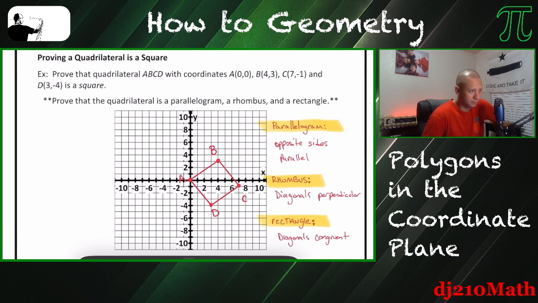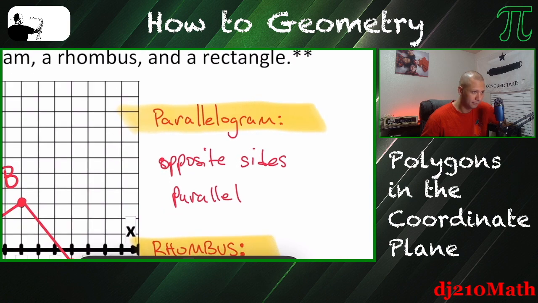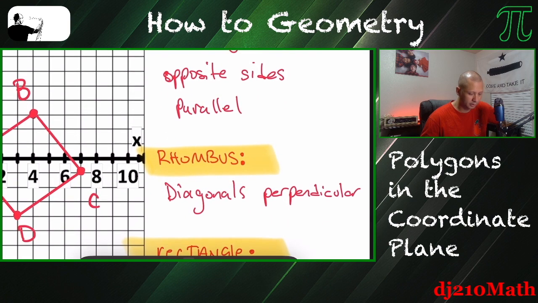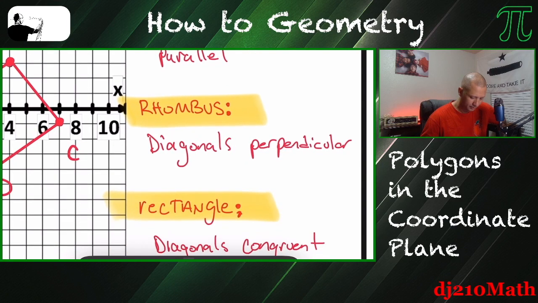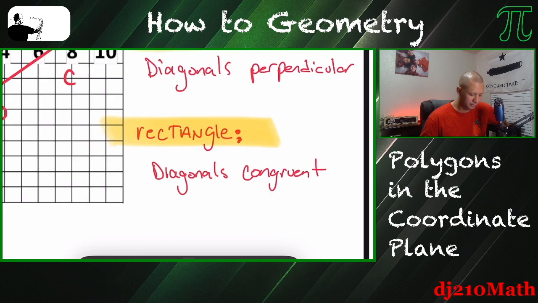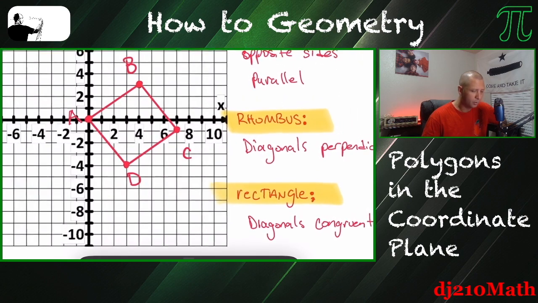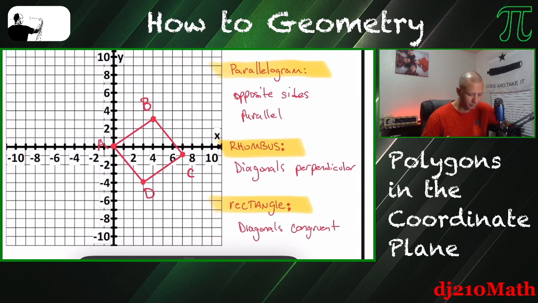So if I can show that this quadrilateral is a parallelogram by showing that the opposite sides are parallel, and if I can show that it's a rhombus, that the diagonals are perpendicular, and also that it's a rectangle, that the diagonals are congruent, then we can conclude that this shape is a square.